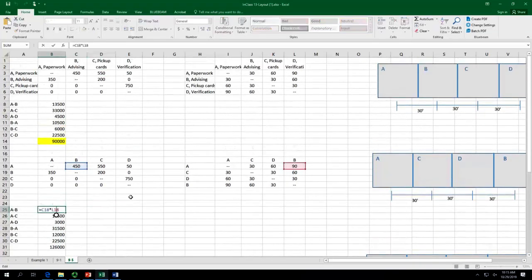How about we start AB? You need to use the picture to help you to see which distance you need to pick up. For AC, now AC is 550. So AC distance is 30.